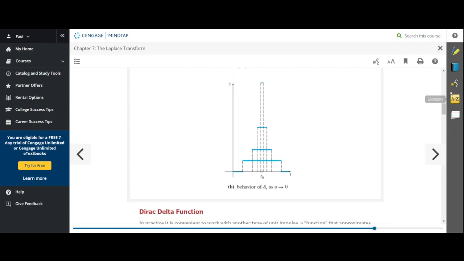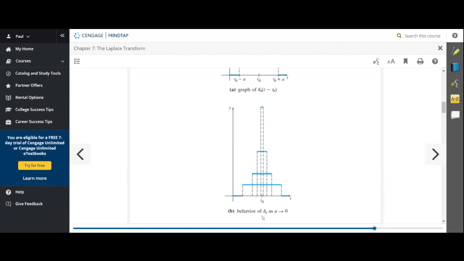Here is the behavior of this impulse function as a approaches 0. As a approaches 0, you're decreasing the time interval about that specific time value t sub 0.